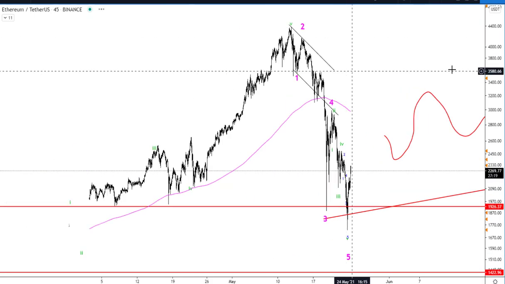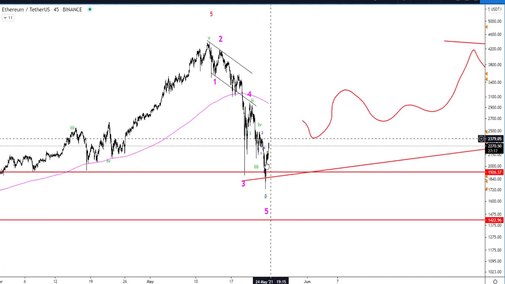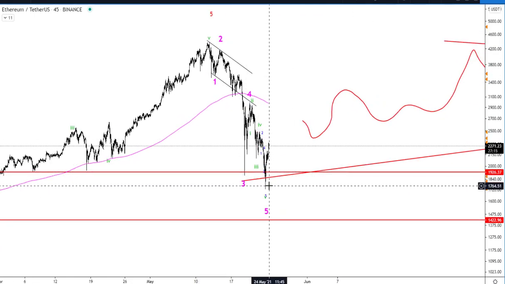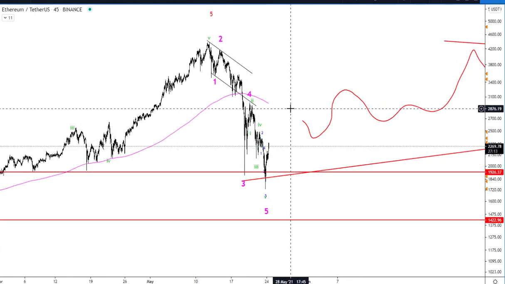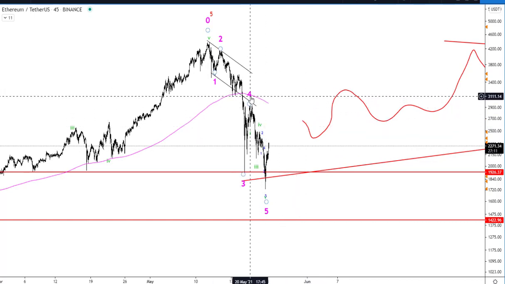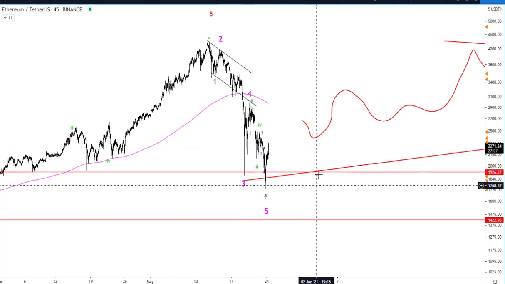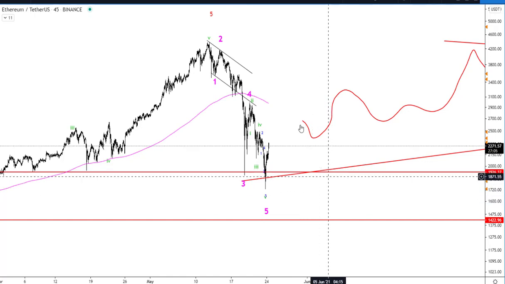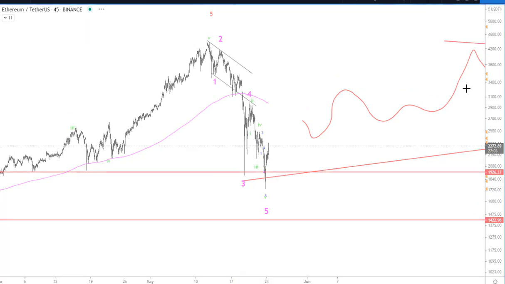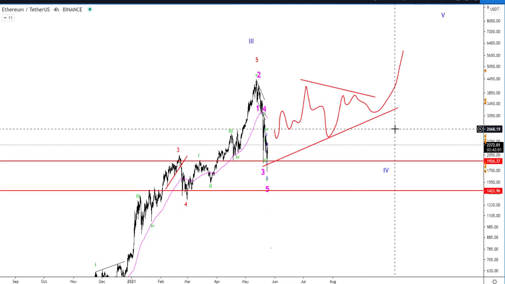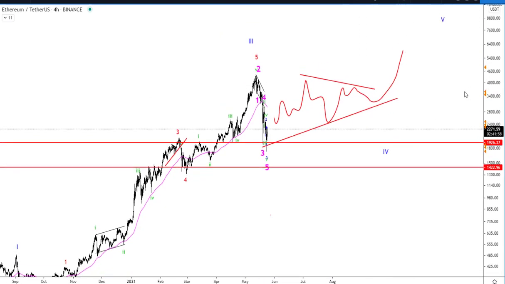So it's gonna be the same thing. You know, 5 waves, so it's an impulse from the top. We're gonna have a retracement probably towards this EMA, and then we're gonna revisit this low again before, in my opinion, moving more sideways for more time.